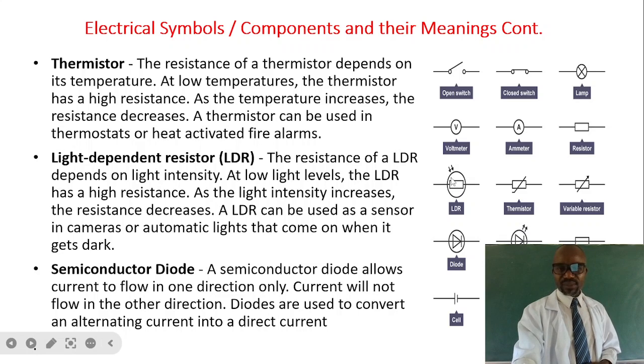Look at these symbols. These two arrows pointing downward show that these absorb light. This one shows that this component emits light. So as a homework, go and use your smartphone, use your Google search, find out what a light emitting diode is all about and its functions.